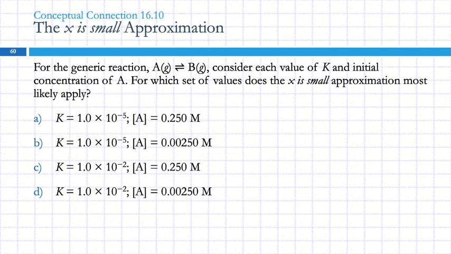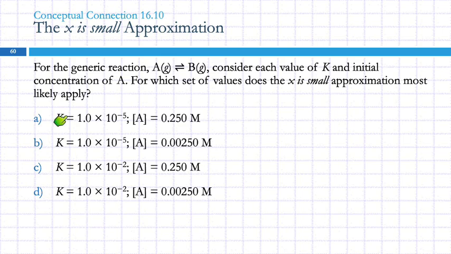Okay. For the generic reaction A goes to B, consider each value of K and an initial concentration of A. For which set of values does the x is small approximation most likely apply? Are we looking for large K or small K? No, small K. Small K because we don't want it to go very far. That means that x is going to be small.